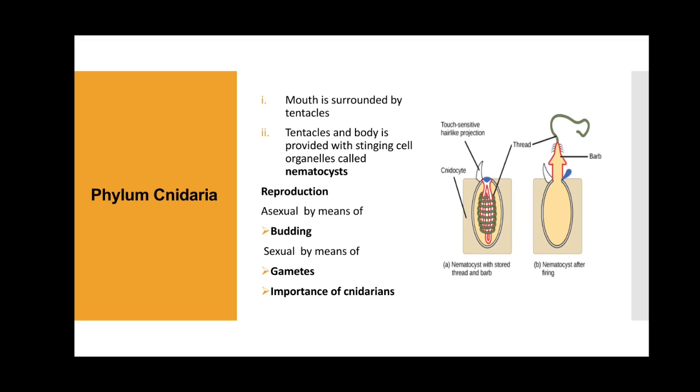The mouth is often surrounded by tentacles, which are thread like structures which protect the organism from any danger. Tentacles and body are provided with stinging cell organelles, which are called nematocysts.